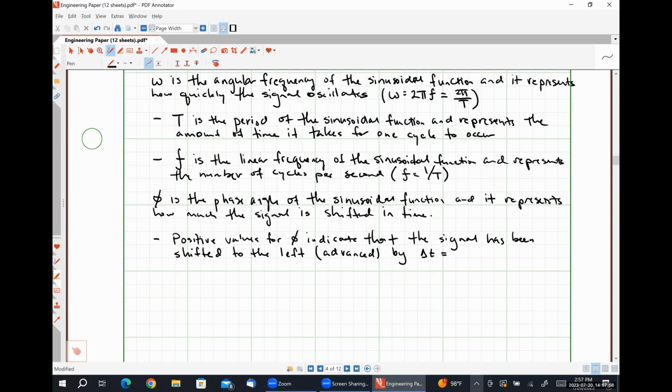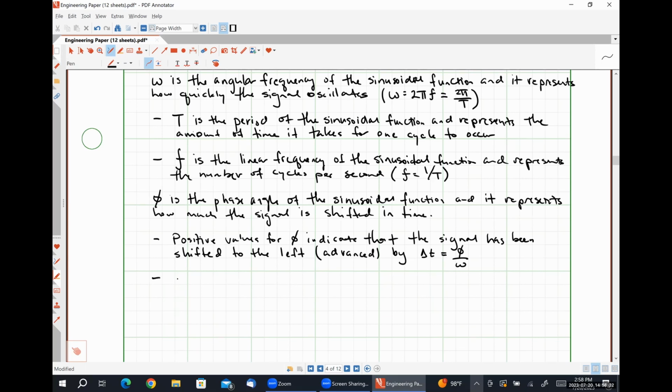Radians per second. Radians. Yeah, phi over omega, so that should give me angle over angle per second, which is going to give me seconds. Yeah. So positive values for phi indicate that the signal has been shifted to the left by some amount of time that is given by the phase angle divided by omega.